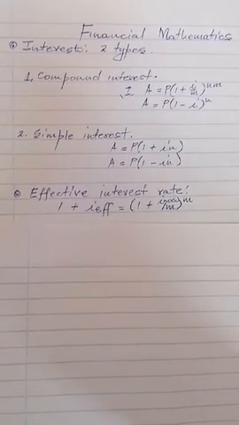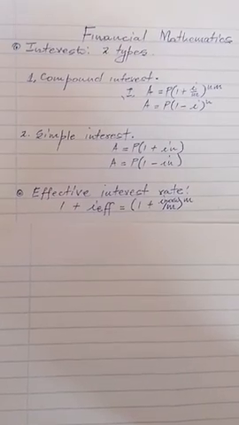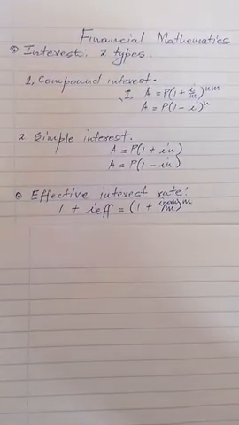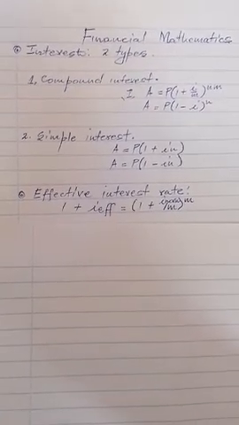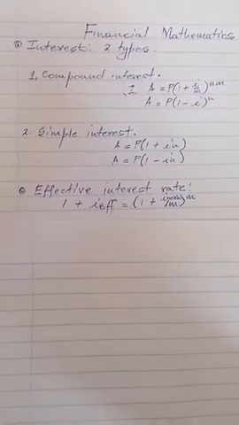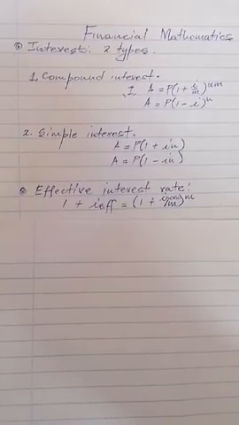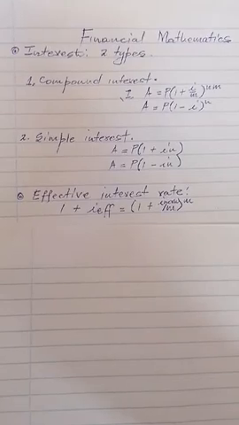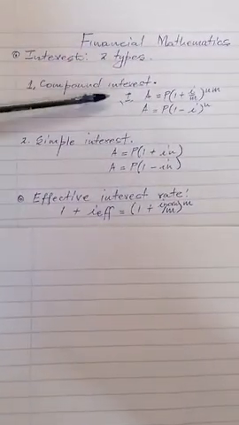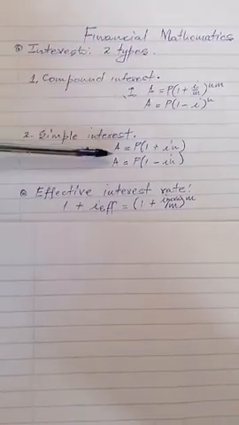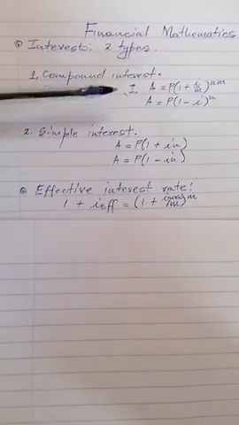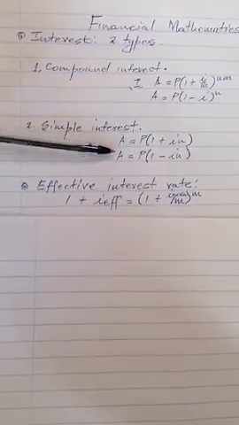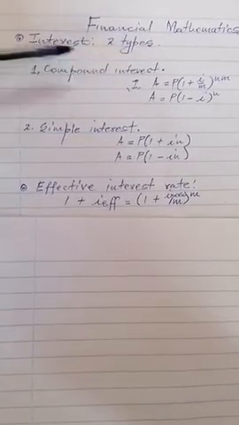Or if it is not a once-off, I can deposit 50,000 and come back after some time and deposit 10,000 rand, and come back after maybe some more time and deposit another amount. That is when I know that, depending on the type of interest, I must use these two formulas.